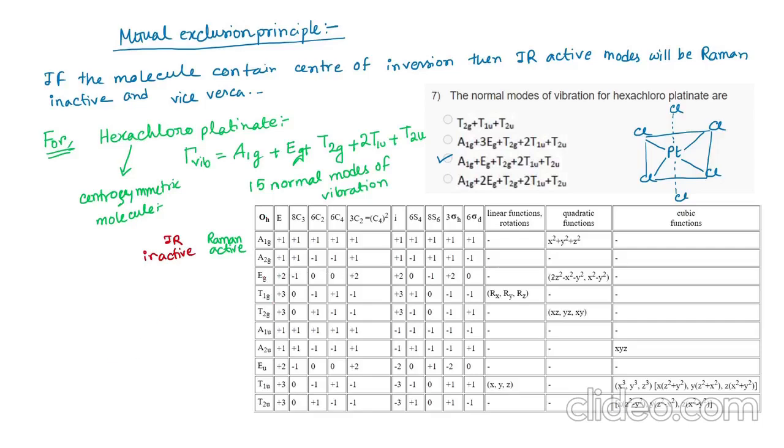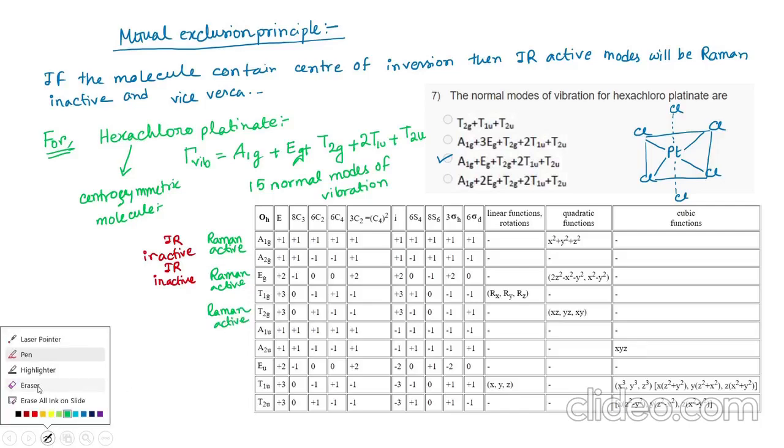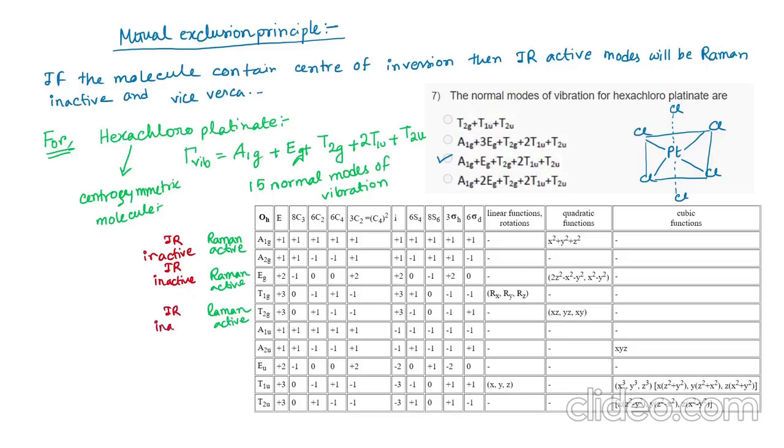What about Eg? Eg is, as you can see, again IR inactive, but Raman active. What about T2g? T2g is again Raman active, but IR inactive.